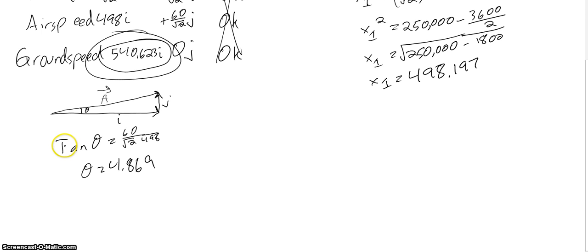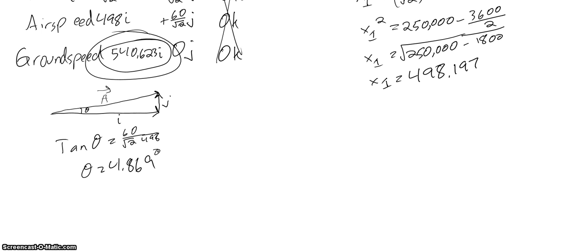So you just do tan theta, opposite over adjacent, and I kind of skipped a step here, but it's 60 over square root of 2 over 498. And if you click that into your calculator, you get about 4.869 degrees.